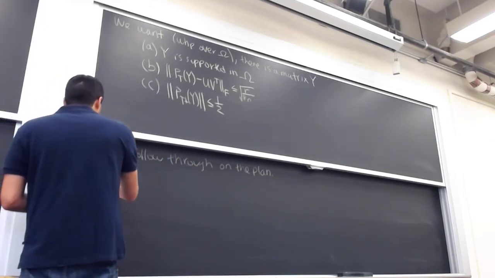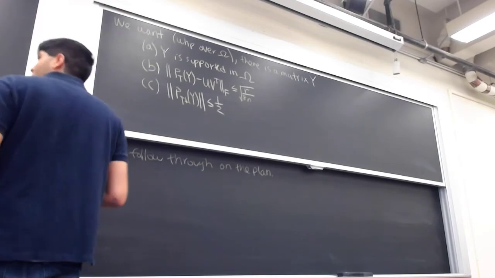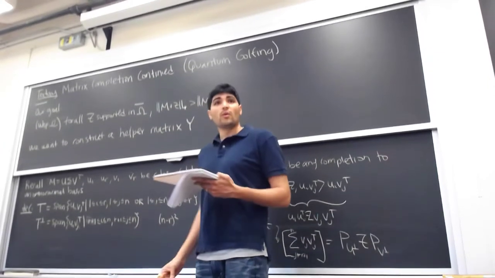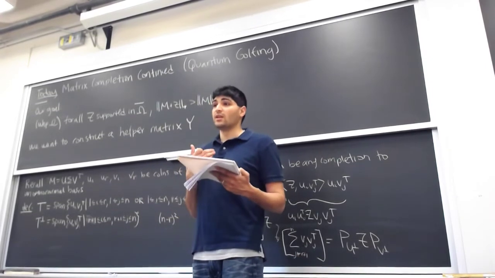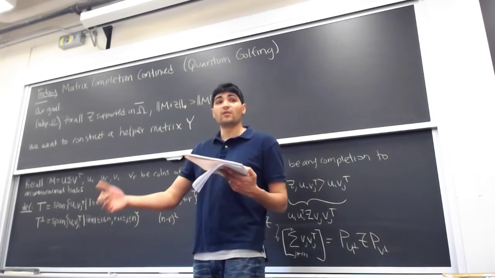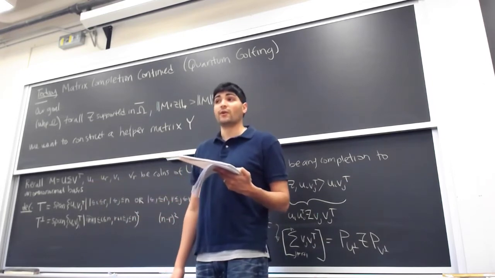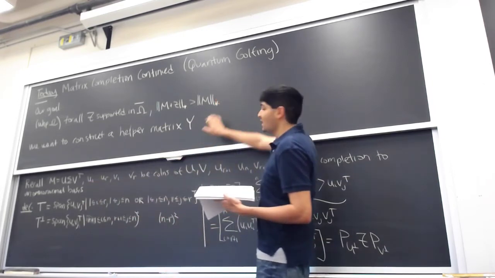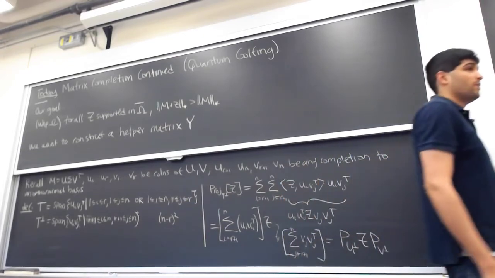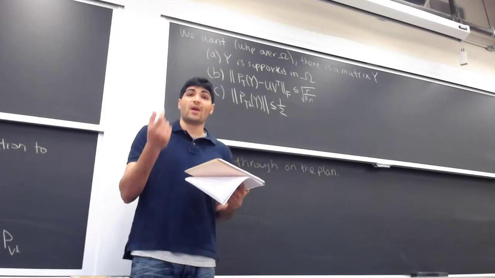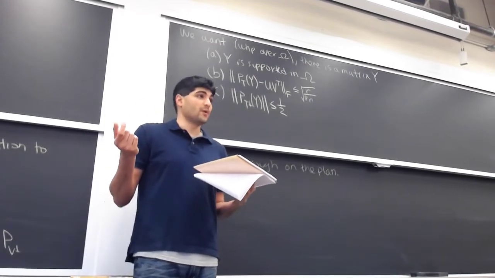So what we're going to do is remember that the only way that we can prove some sort of lower bound on the nuclear norm for M plus Z is you give me the Z, and I'm going to construct the dual certificate that proves that it has large nuclear norm. How large? Strictly larger than M's nuclear norm. So we remember what the dual certificate was to prove the nuclear norm of M star. That's just UV transpose.